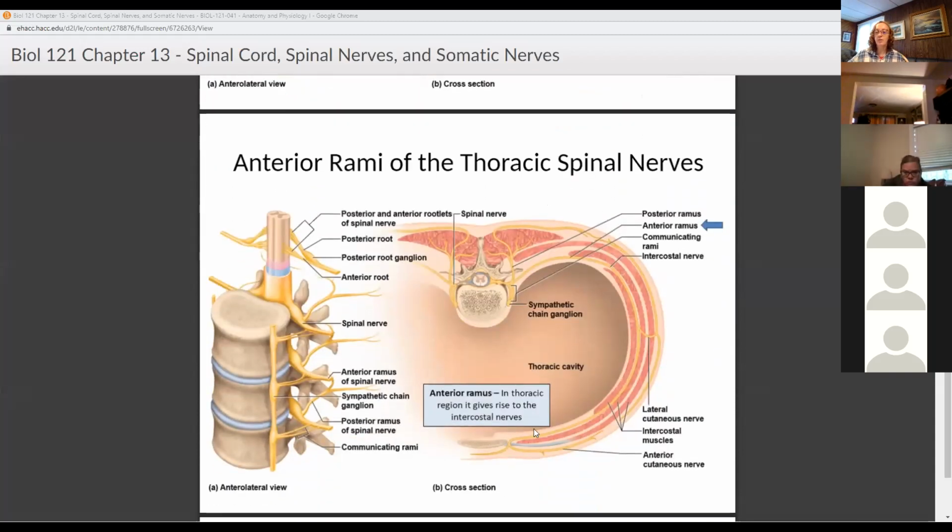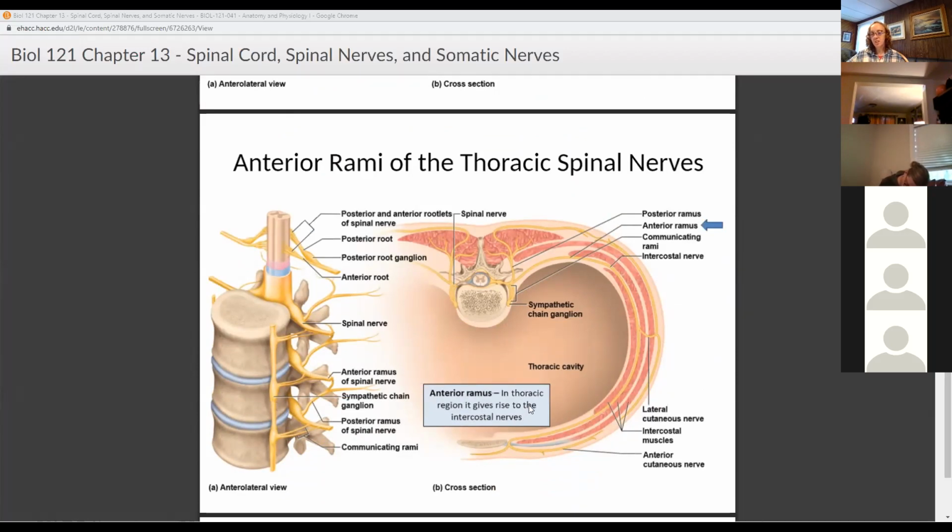The anterior ramus in the thoracic region is going to give rise to the intercostal nerves. Remember, what does it mean for intercostal nerves?